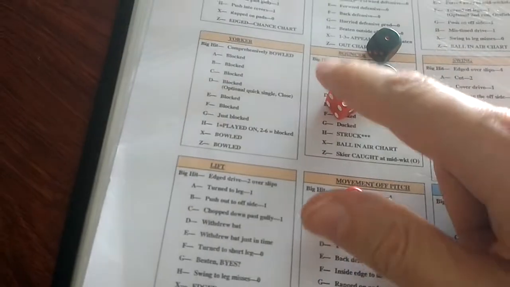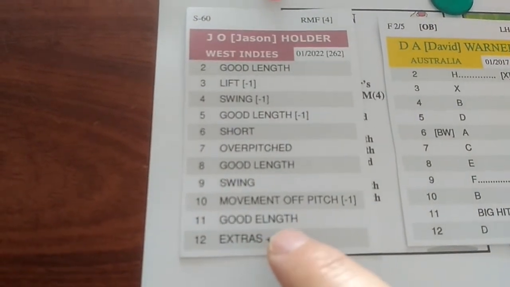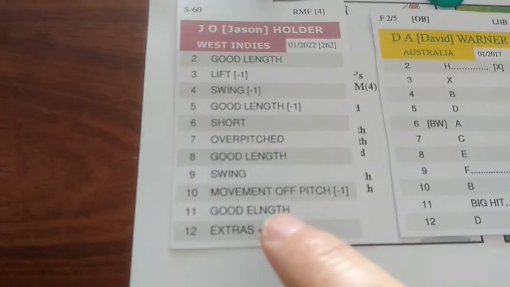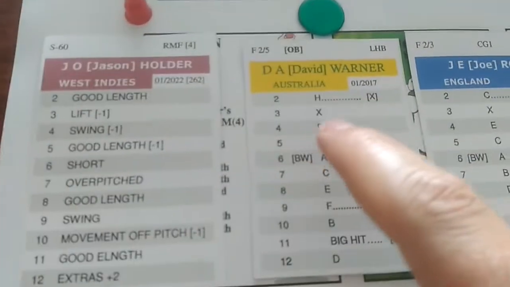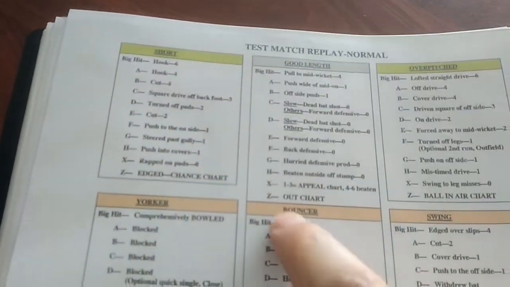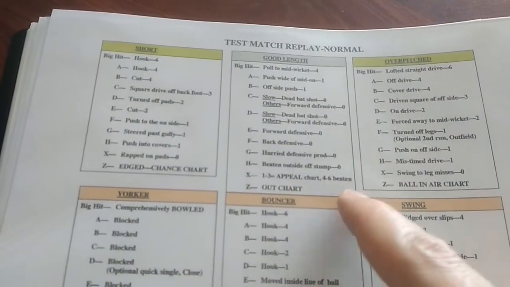Okay, so we've got an 11 for the bowler, and we've got a 3 for the batsman. Now, 11 for the bowler is a good length, or a good e-length, which is the spelling mistake that we saw the other day. But it's good length. And a 3 for the batsman is an X. So we look at good length and an X. And we've got 1 to 3 is an appeal chart, 4 to 6 is beaten.